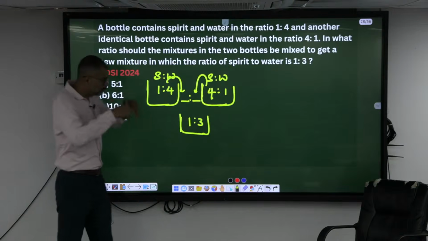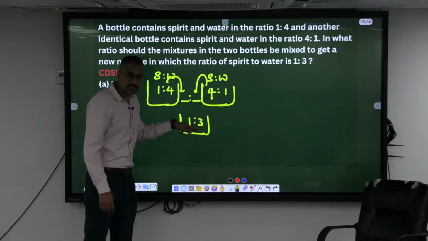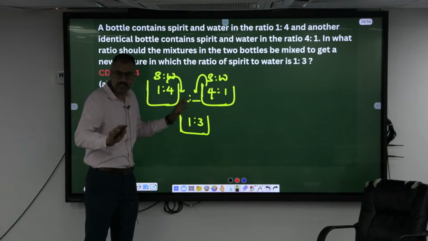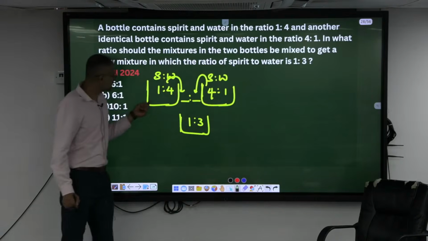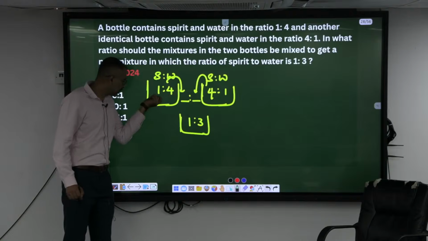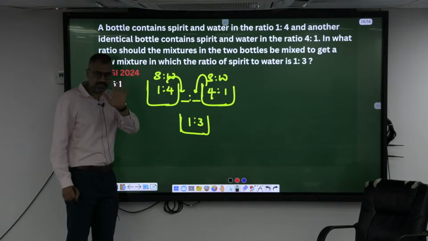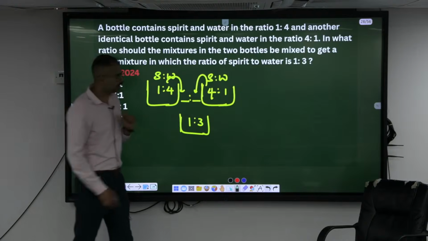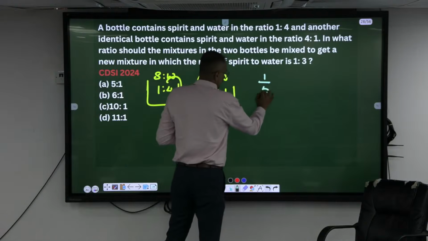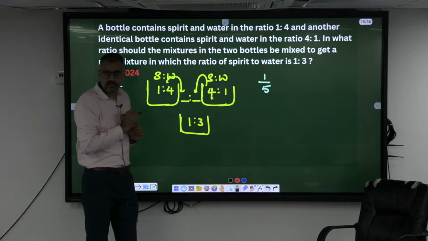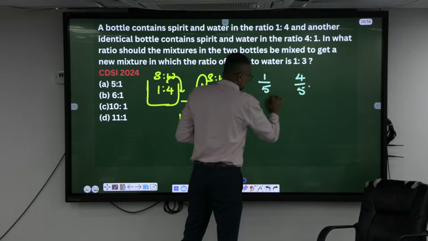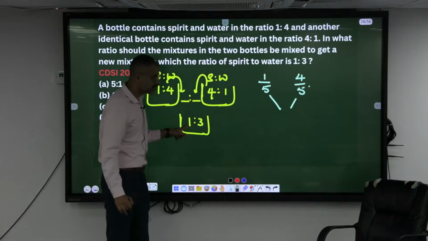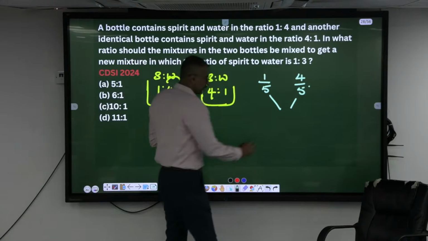Okay, already we have mixed and we have produced the resultant quantity. We have to take out the ratio of mixing. Alligation again. How much is the spirit here? There are 5 parts, out of which 1 part is spirit, so spirit is 1/5. How much is spirit here? 4/5. If I mix these two in a certain ratio, the resultant also has spirit in what ratio? 1/4.